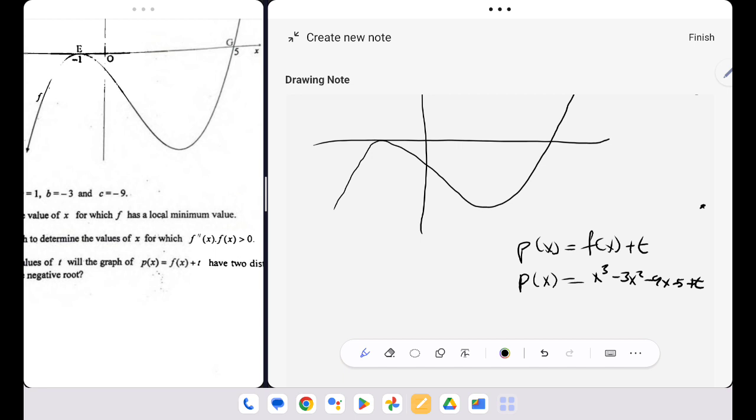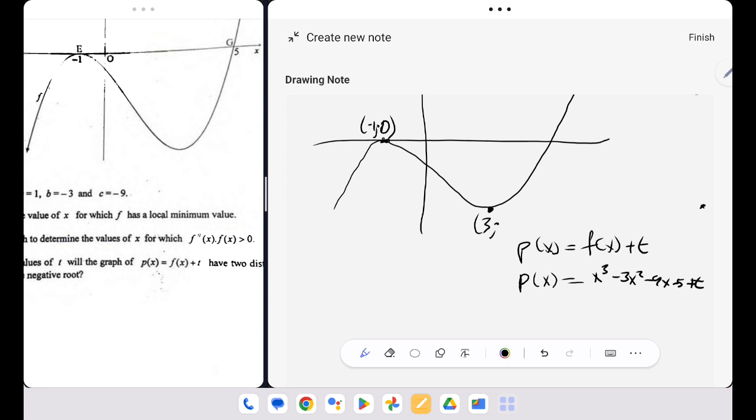Are you together? So for this one, it's simple. I just need to know the y values at my turning points. I know that my y value here is 0, and when x is 3, let me just find out what is the y value when x is 3.